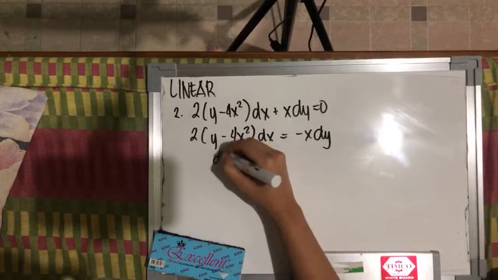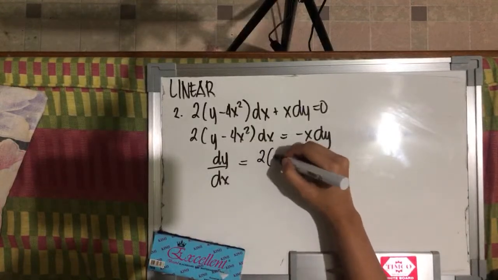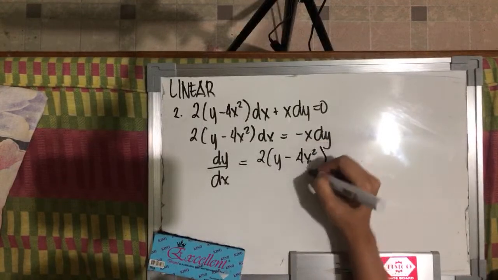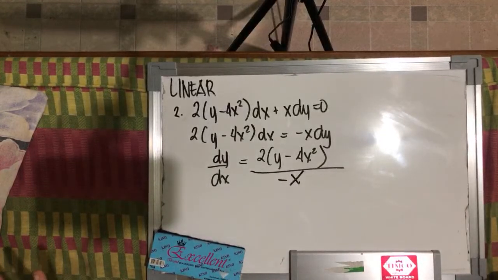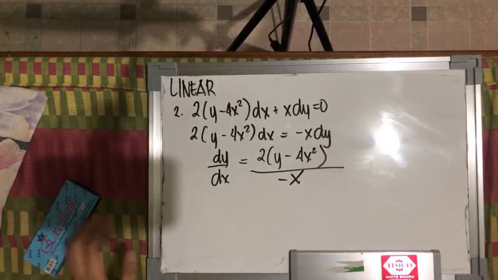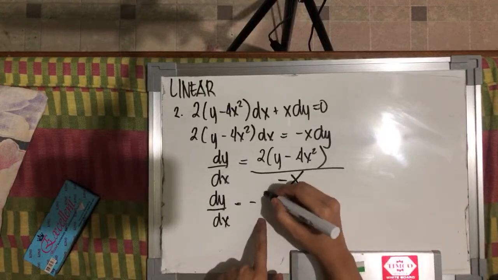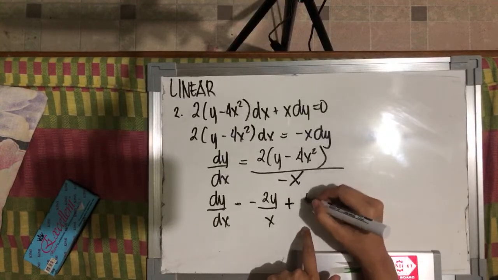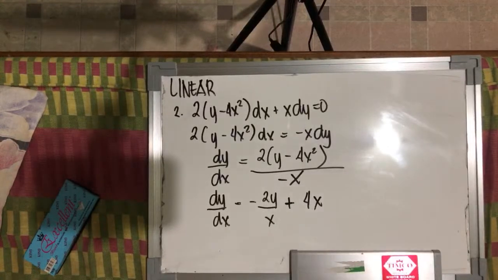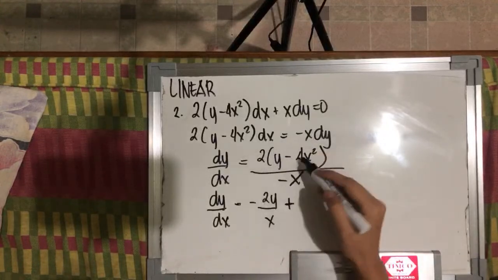So, dy over dx, I bring this down here, is 2 times y minus 4x squared over negative x. So, dy over dx is equal to negative 2y over x, and negative, so plus 4x. Oh, 8x actually, because we distribute.